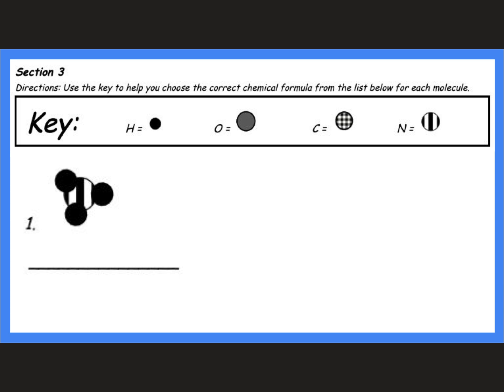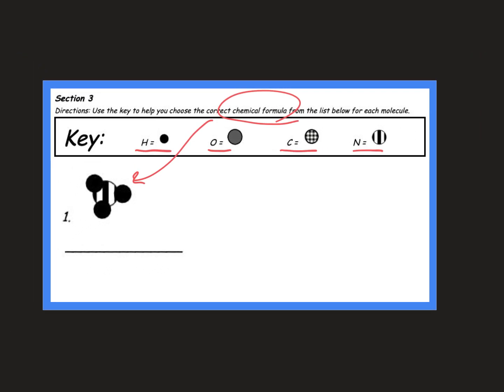Then section 3. On section 3, you're using a key at the top for each element. So this is hydrogen, oxygen, carbon, and nitrogen. And I want you to make the chemical formula for the molecule in each question.